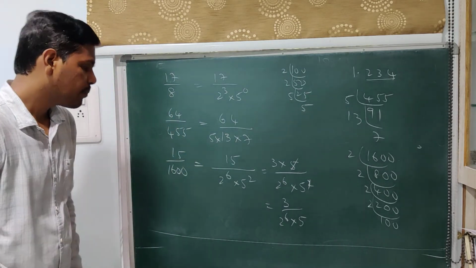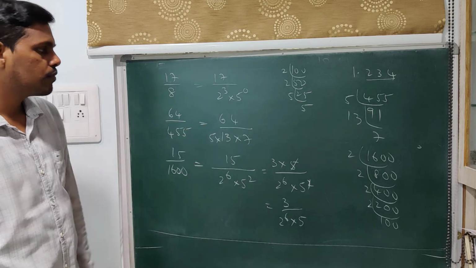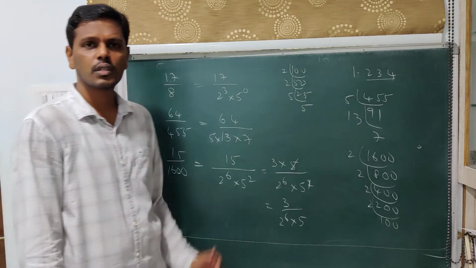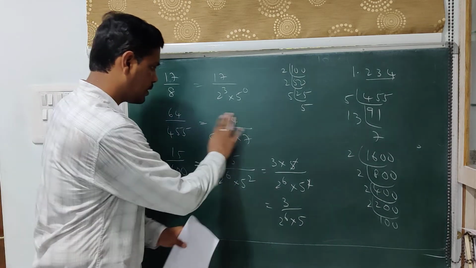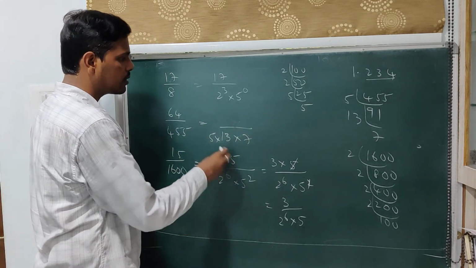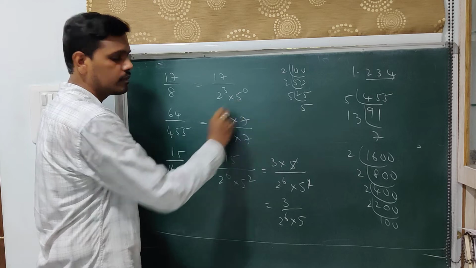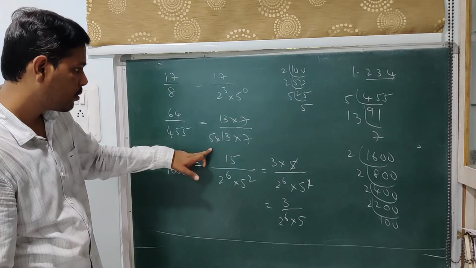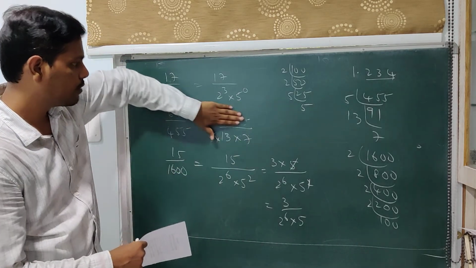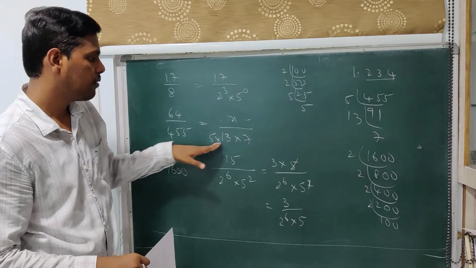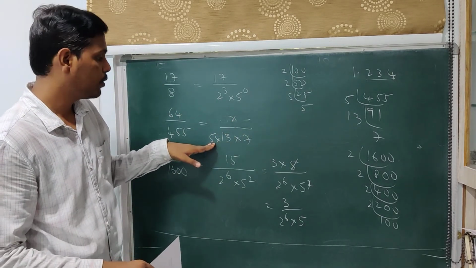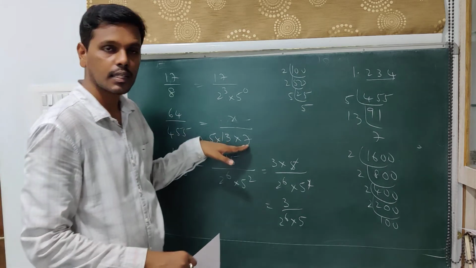Now it is better that you do the prime factorization for both numerator and denominator, because sometimes the numerator may have a prime factorization like 13 into 7. Suppose the number is some x, and you have done the prime factorization of the denominator and have 5 into 13 into 7.